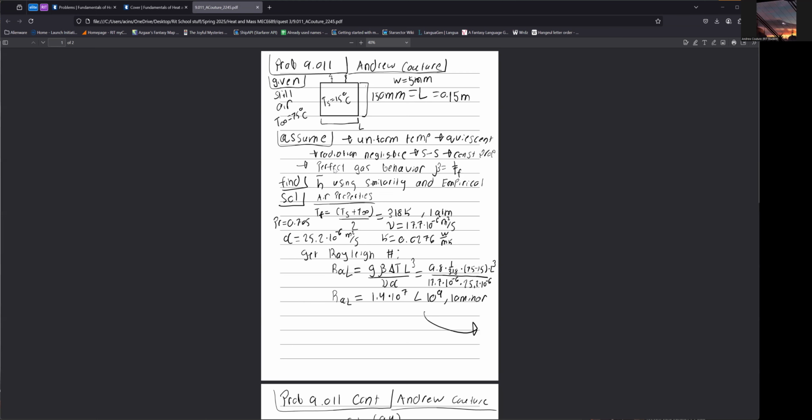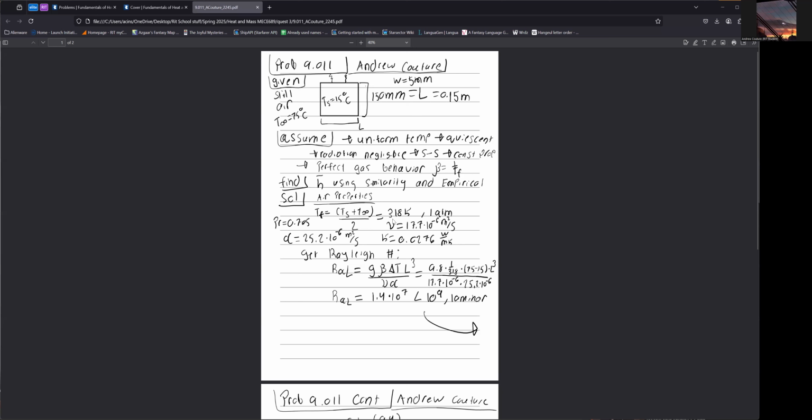So start off with air properties. T_f in this case is the temperature of the fluid, which is just the average of the air and the plate. So that's 318 Kelvin at 1 atmosphere.